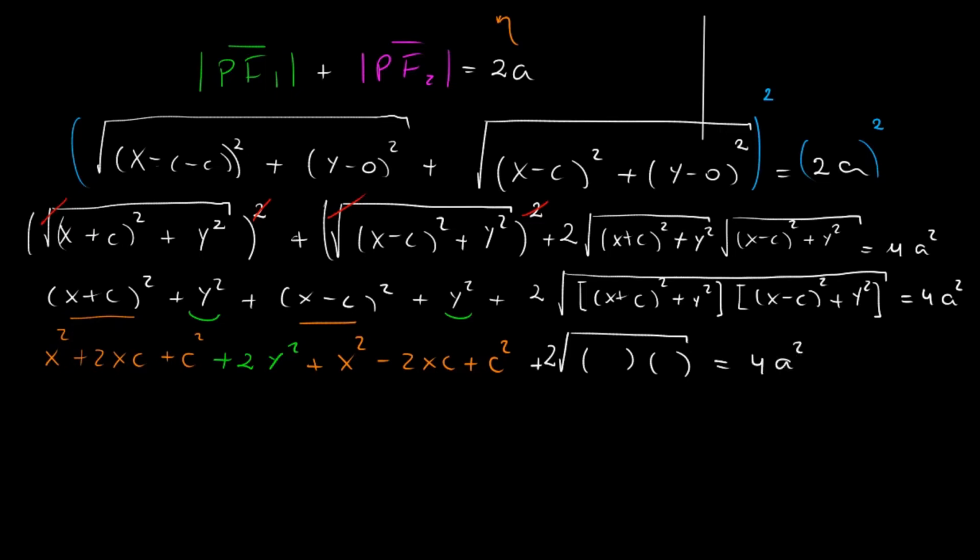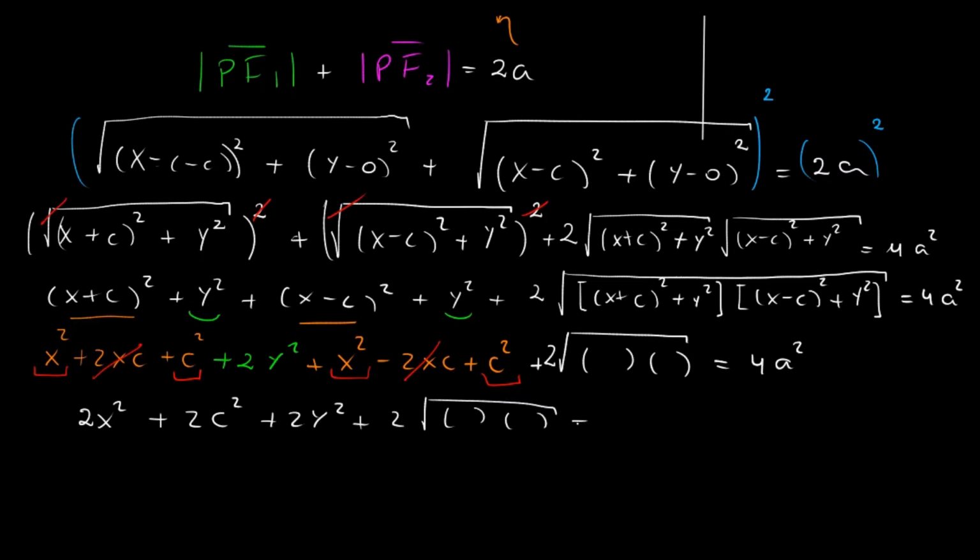Now we sum up the terms that are the same, so we have x squared and x squared, 2xc and minus 2xc cancel out, and c squared and c squared. So this leaves us with 2x squared plus 2c squared plus 2y squared plus 2 times the square root equals 4a squared.